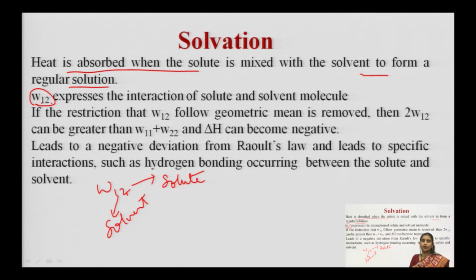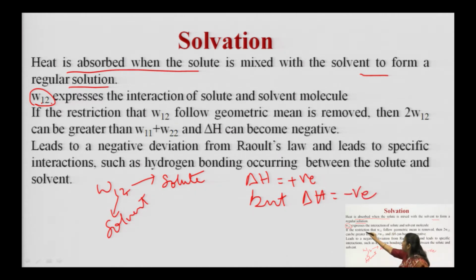Because van der Waals force of attraction follows the geometric mean, if we use the geometric mean, then your del H will always be positive. But what we want is this del H to be negative.